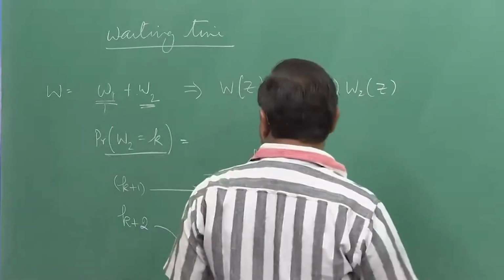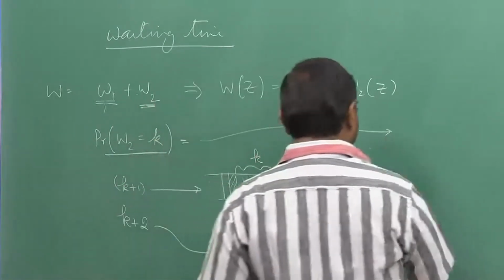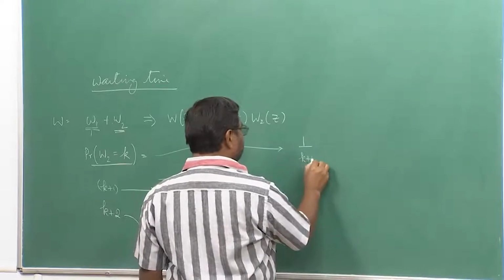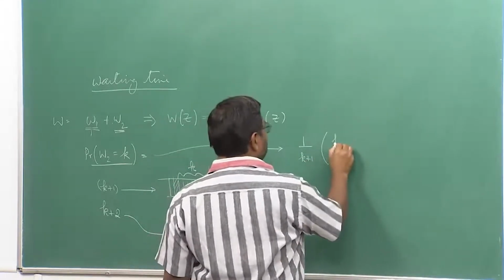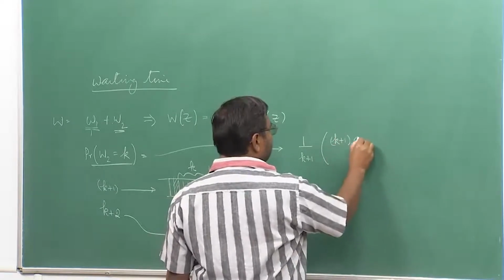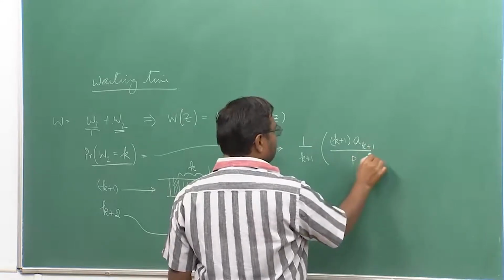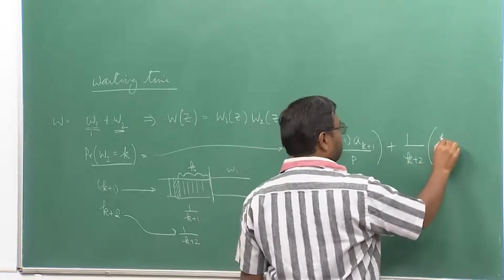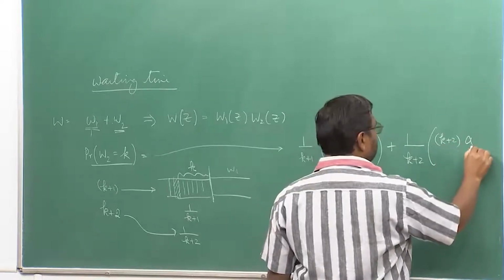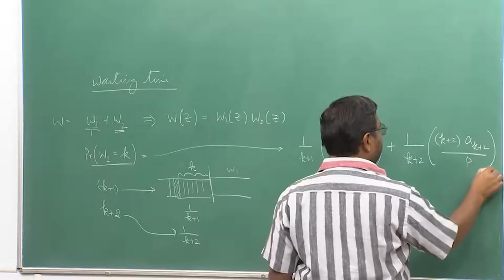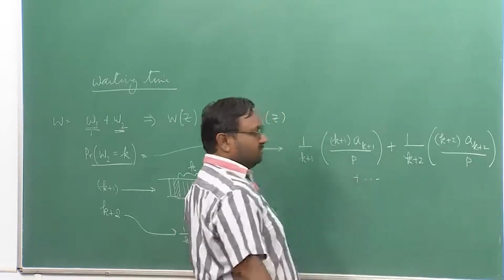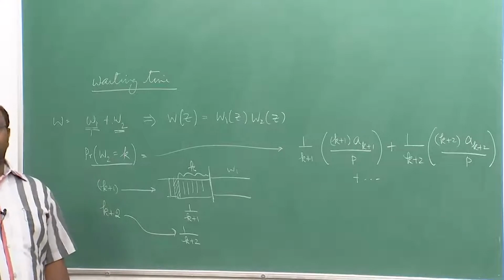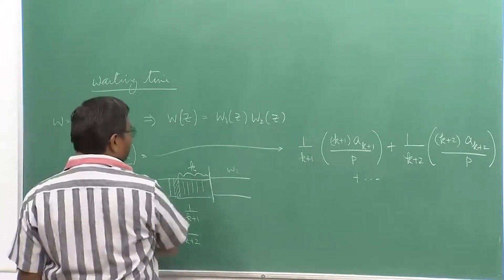In this case, the probability of this can now be written as 1 over K plus 1, the batches of K plus 1, AI of K plus 1 by p, plus 1 over K plus 2, and so on till whatever the maximum batch size can be, and K can take a maximum value of n minus 1.